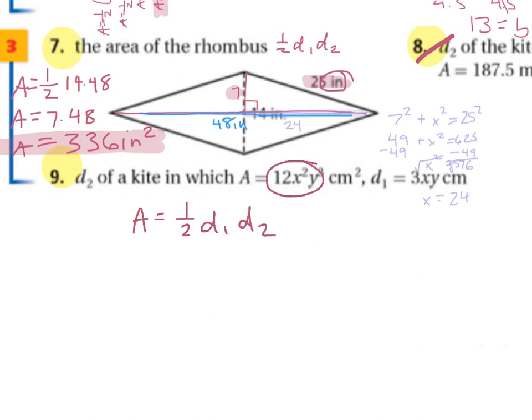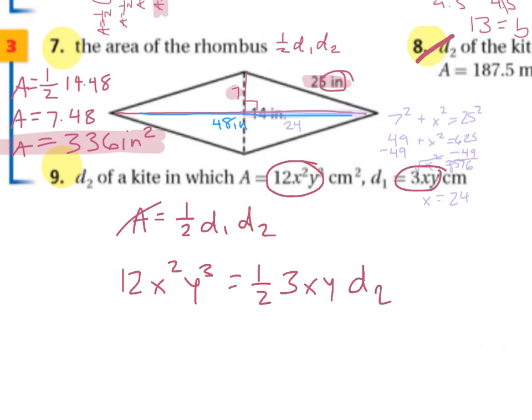So now we can just plug in what we were given for the area and for diagonal 1. So we have 12x squared y cubed, which is our area, is equal to 1/2 diagonal 1, which is 3xy, times diagonal 2, which we can just call D2, and that's what we're trying to find.